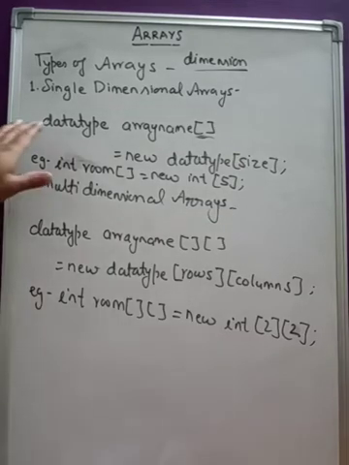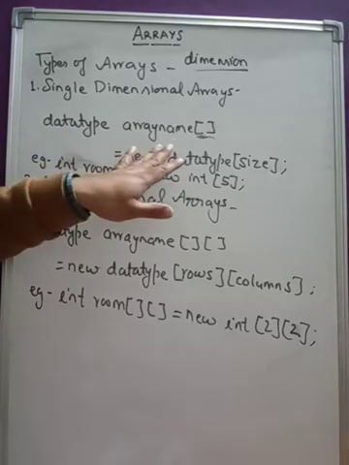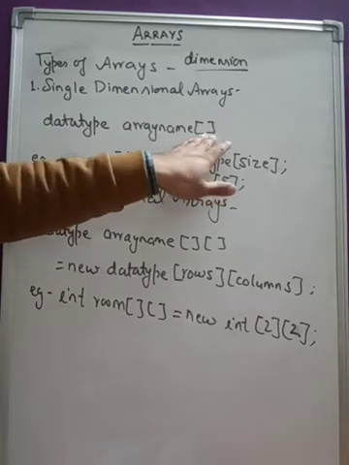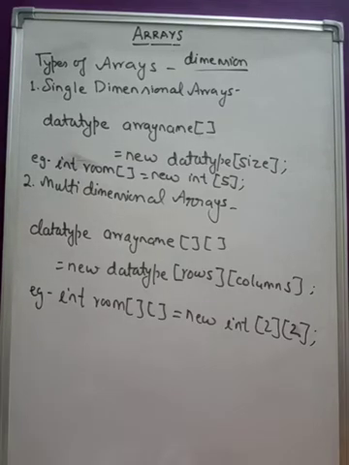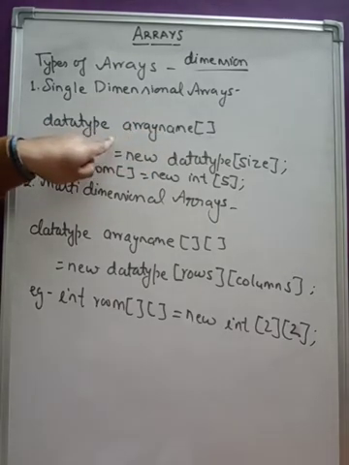In this definition you can see that only a single square bracket is there. This is the identity of a single dimensional array, that only one square bracket will be there. So this is the syntax to declare a single dimensional array.